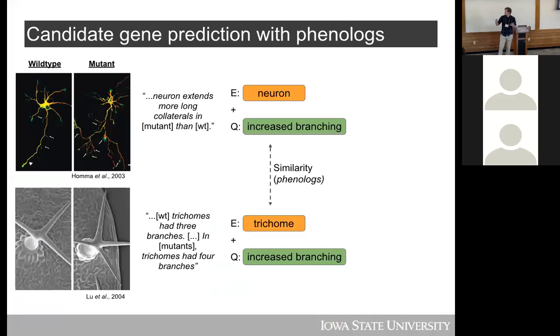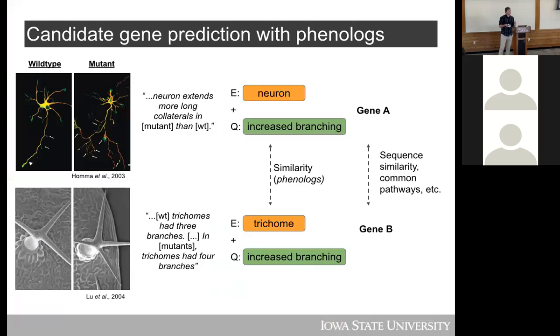But when we do the translation to an EQ statement format, just like we showed on the first slide, we can look at the ontology subgraphs that are specified by those terms to get a measure of how similar they are. In this case, they both have the quality increased branching, so there's going to be a strong overlap, and we can say that these phenotypes across these 2 different species are equivalent in some way.